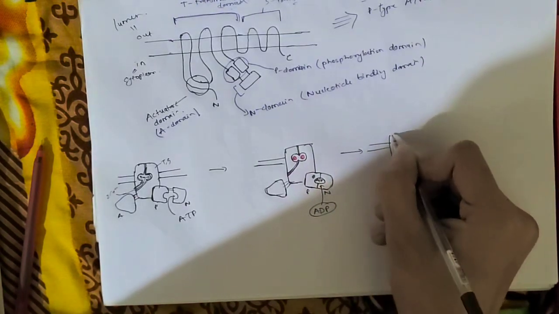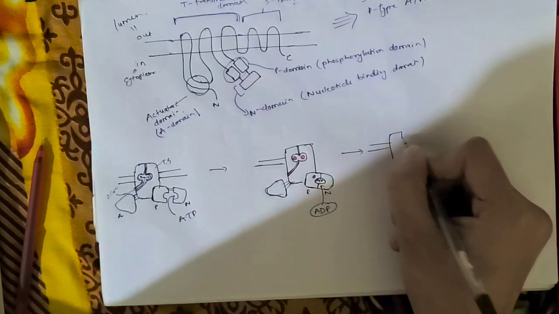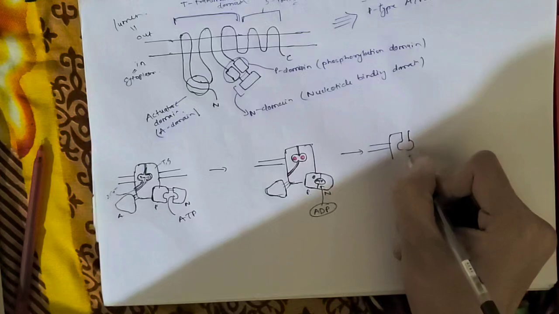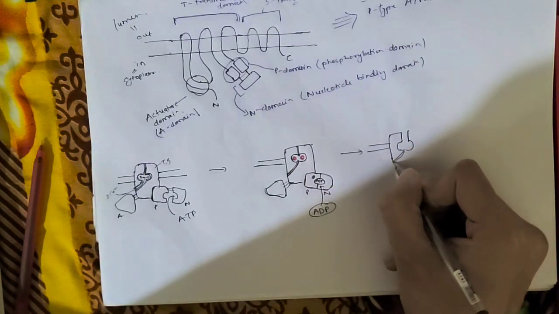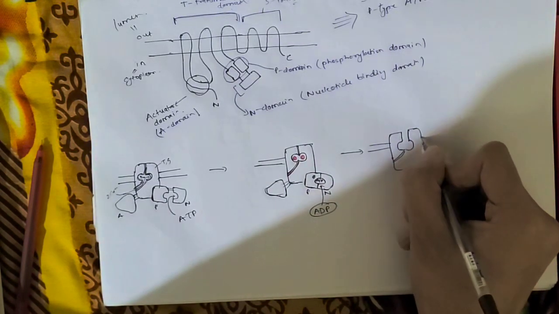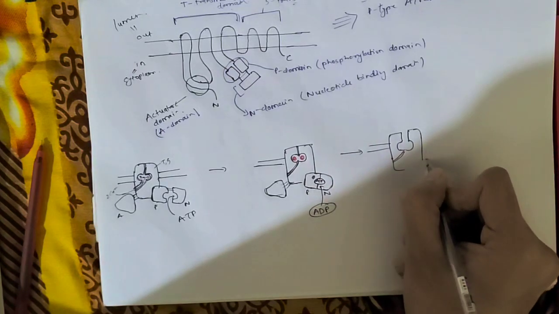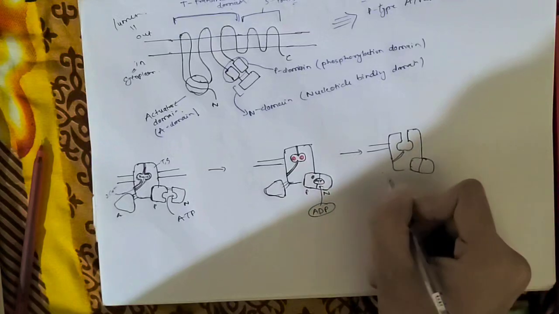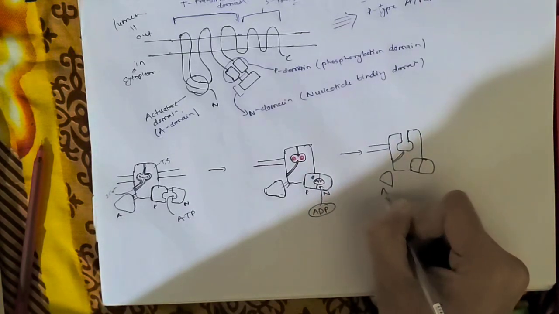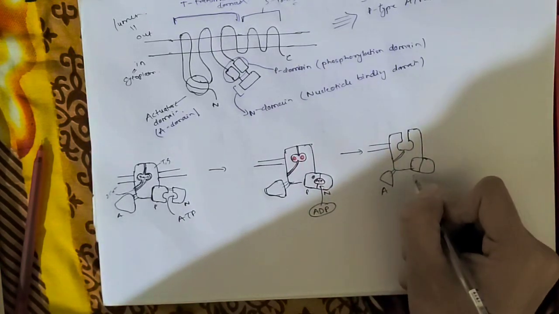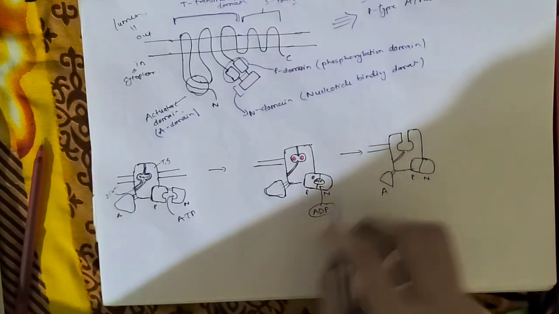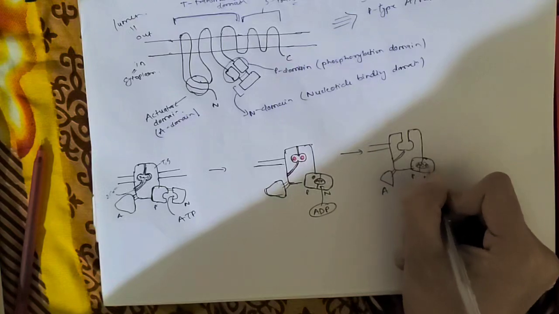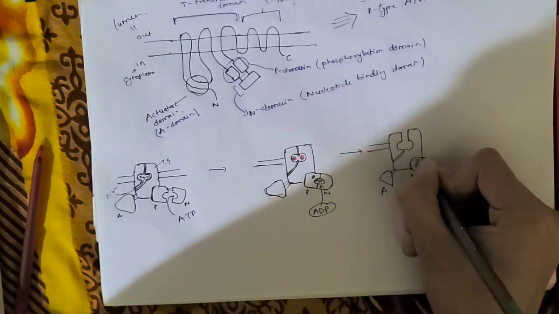And in the next step, after phosphorylation, what happens is the exit gate or exit canal is open, and everything remains almost similar to the previous one. Like this is A domain, this is P domain, this is N domain, and ADP is bound here, and there's a phosphate attached here.